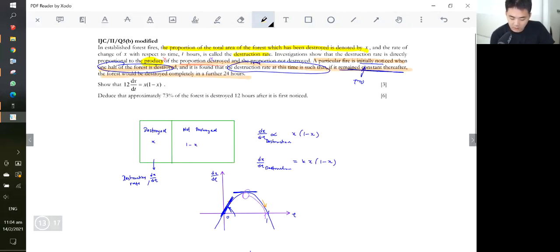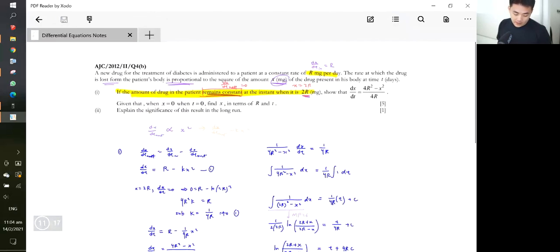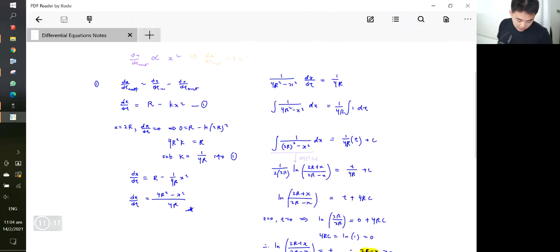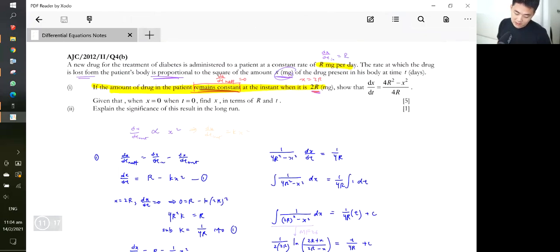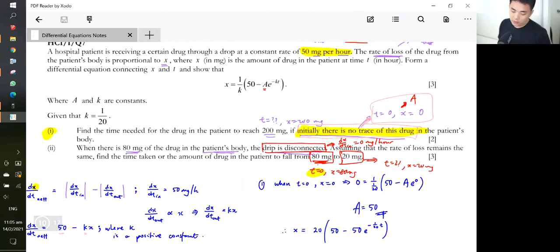You realize the question is arranged in a way that I'm showing you a different type of boundary condition throughout. For the previous one, when it's held constant, dx/dt net is 0. Then this kind, with no trace of drop, t is 0, x is 0, is the easiest.